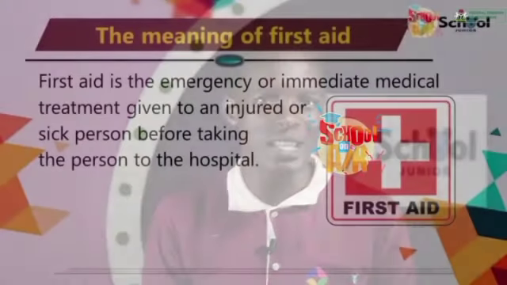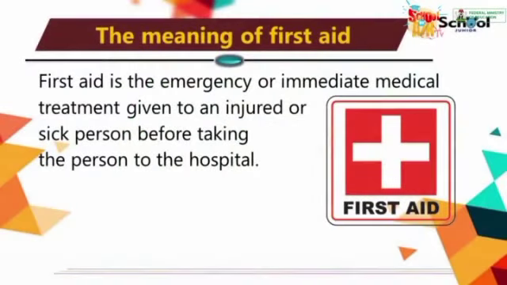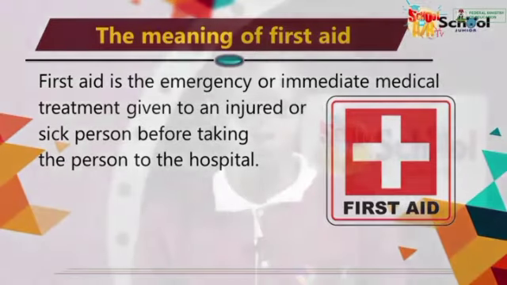Let me go over the definition one more time. First aid is the emergency or immediate medical treatment given to an injured person or a sick person before taking the person to the hospital. So you now know what first aid means. Now, who can administer this first aid? It's anyone that has the knowledge of how to do so.